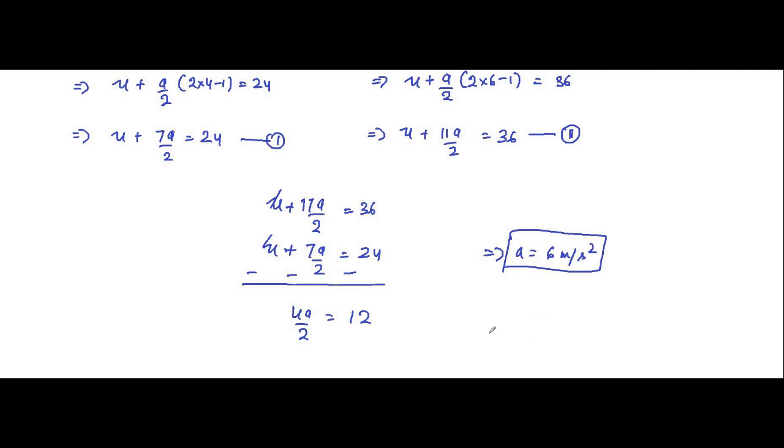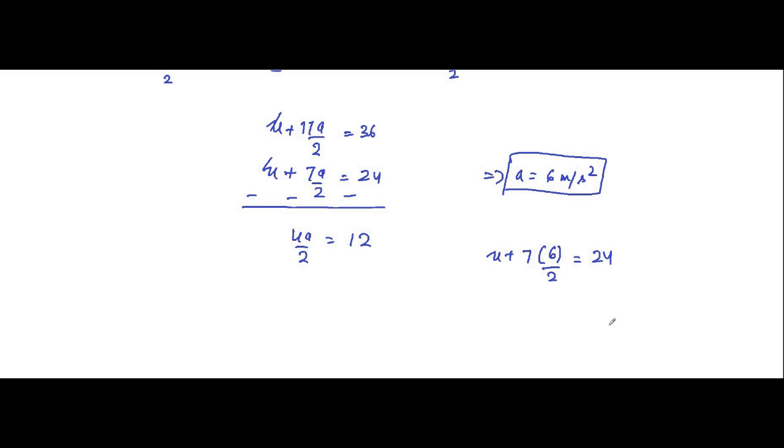So let's say we pick u plus 7a by 2, that is u plus 7 into 6 by 2, that is equal to 24. Here we just substituted a with 6. That implies u is equal to 24 minus 21, which is equal to 3 meters per second.